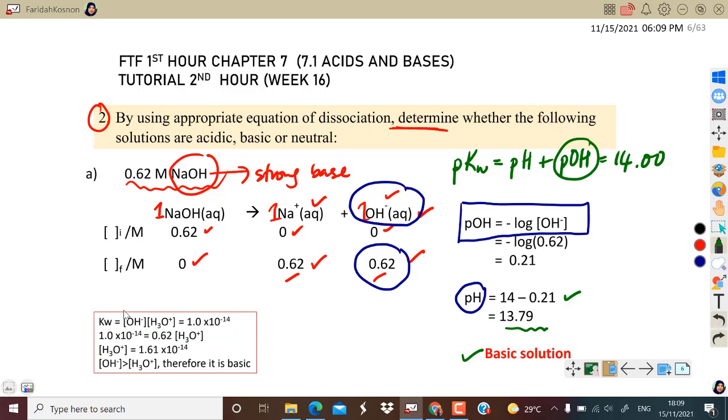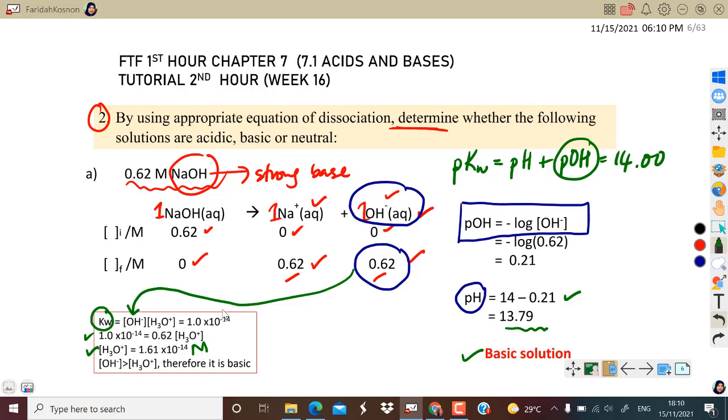Okey, jadi disebabkan kita dah tahu nilai Kw 1.0 darab 10 negatif 14 dan daripada table kita sudah tahu concentration OH minus, masukkan. So kita akan dapat concentration hydronium ion which is 1.61 times 10 to the power of negative 14 molar.